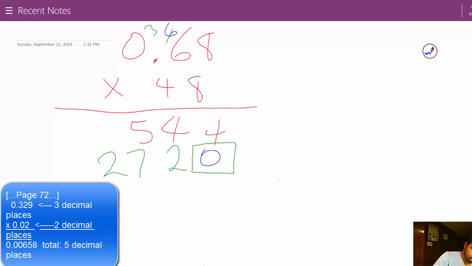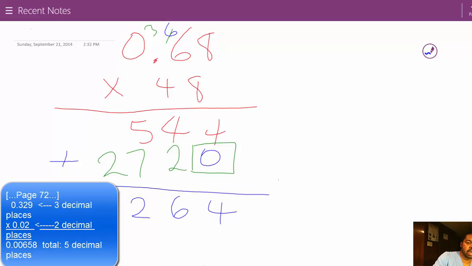And now we can find the sum of these numbers by lining them up. 4 plus 0 is just going to be 4. 4 plus 2 is 6. 5 plus 7 is 12.